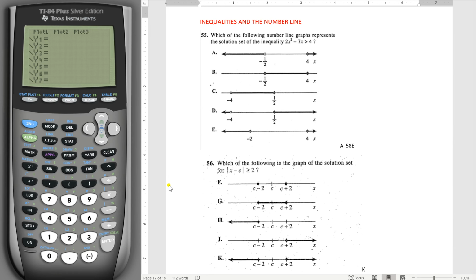Number 55 says, which of the following number line graphs represents the solution set of the inequality 2x squared minus 7x is greater than 4? So you can go to, well, I've already pulled it up, but let me quit it and then just show you where it is to start from. Right, so you go up here to y equals, and you just type it in as is.